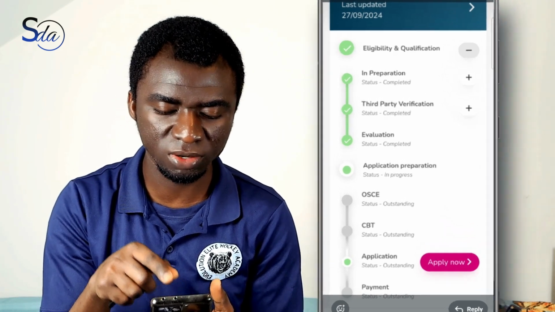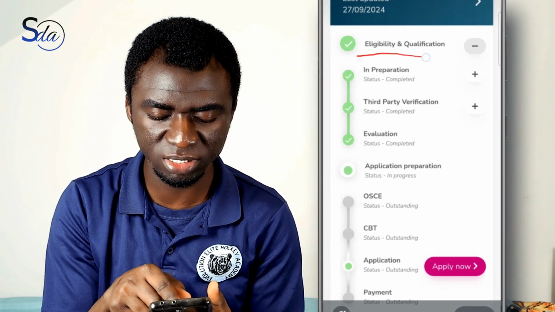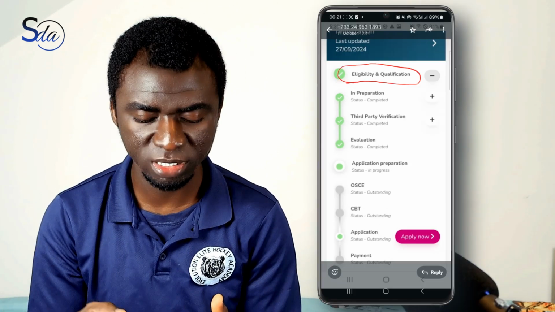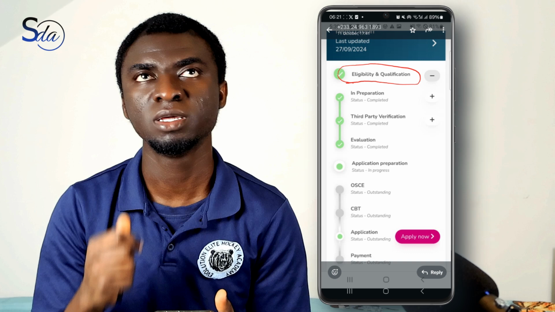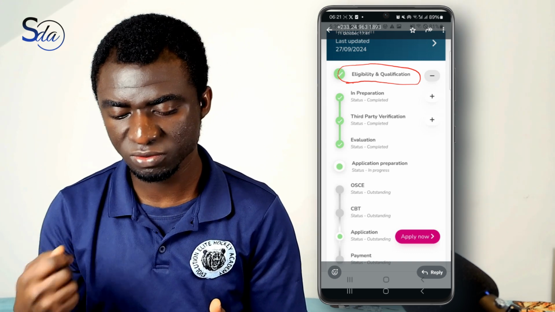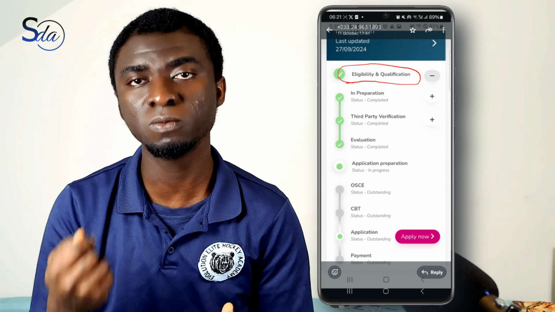You can see that on here it starts with eligibility and then qualification, and under that there are different segments. So the question is, what do they mean by eligibility and qualification? Before the UK NMC allows you to join their register, they've got to find out your status back home.